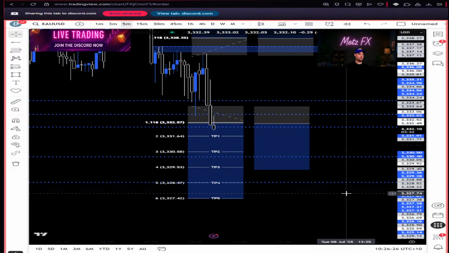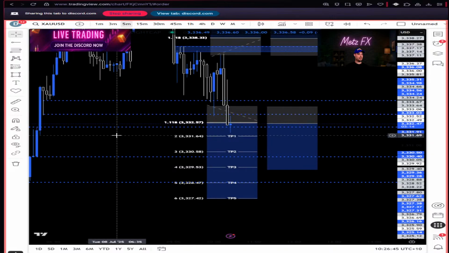Keep pushing. I know, you just needed that TP1, that's nice. Just to tap that TP1, it's like, okay, cool. There's some profits there. It's reacting off here, but it's not really a massive zone to worry about.